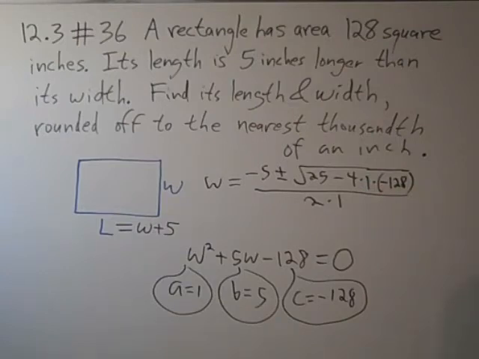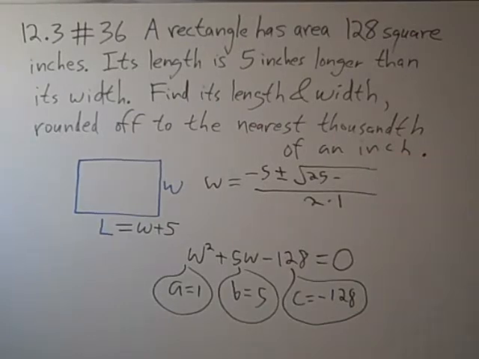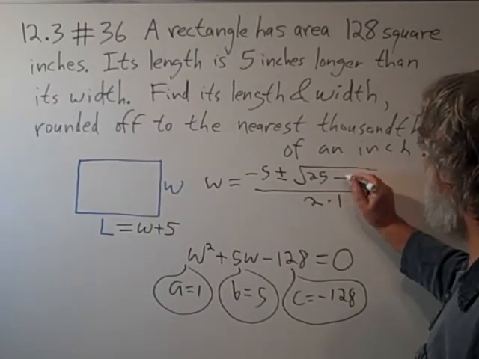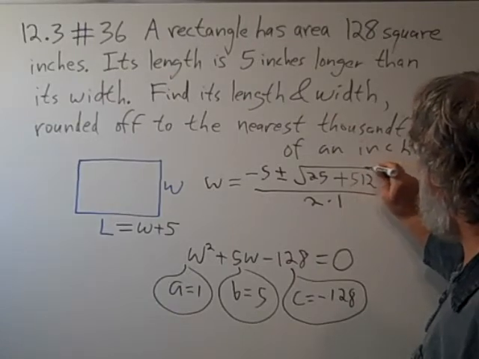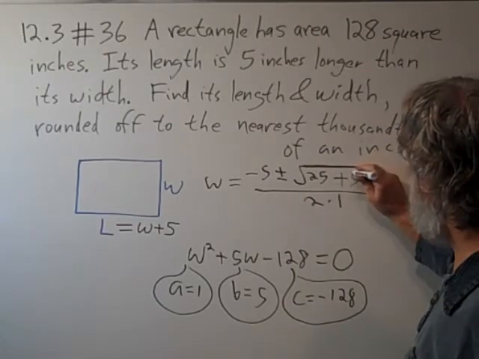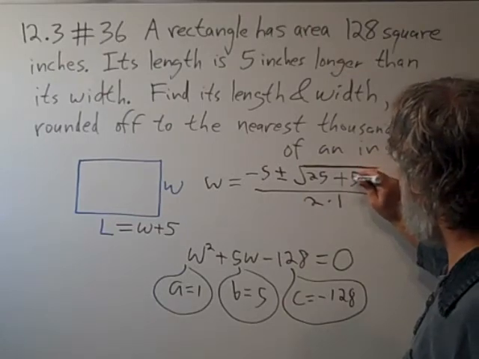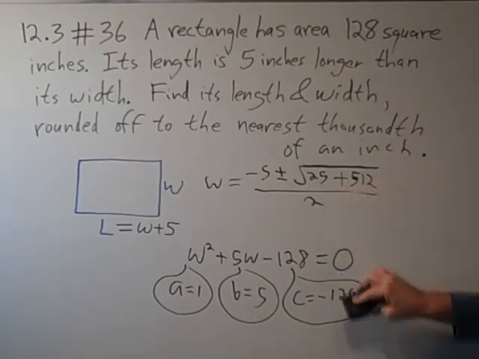Now a negative times a negative is a positive, and 128 times 4 is 512. So this is plus 512. And in the denominator, 2 times 1 is 2.